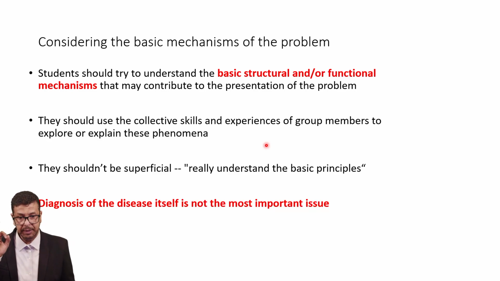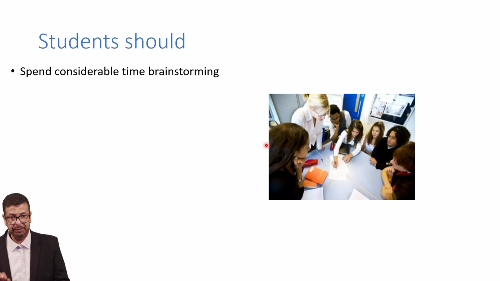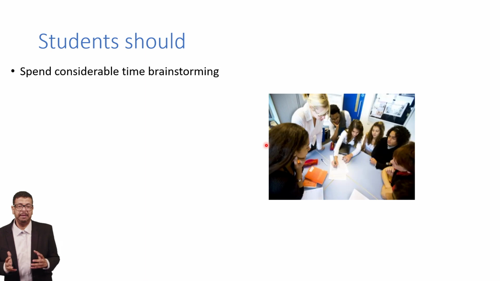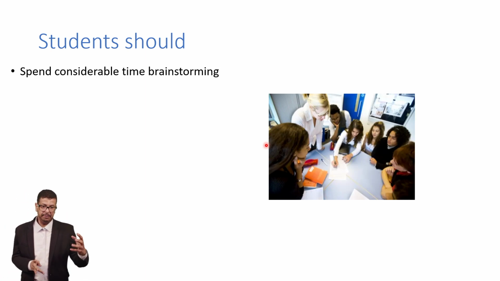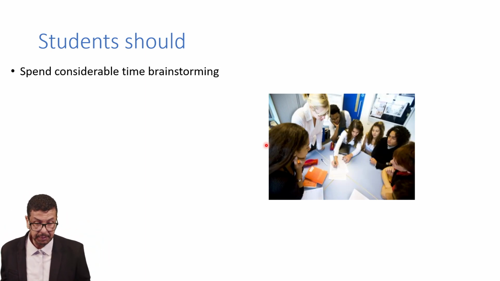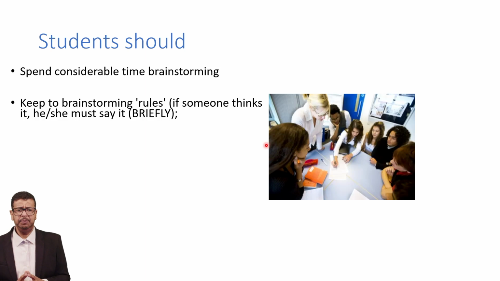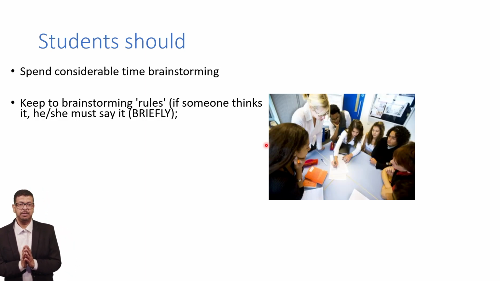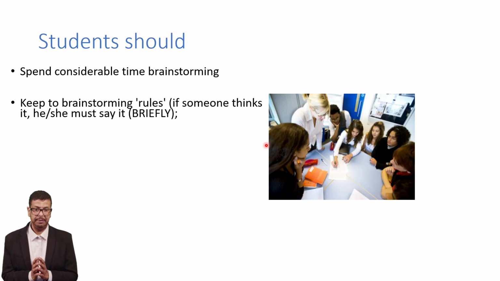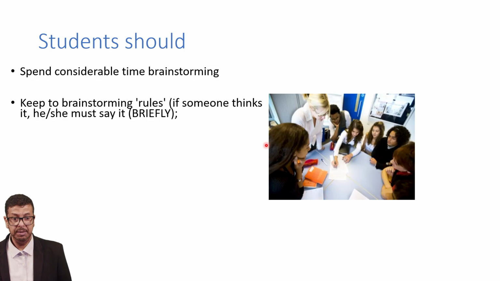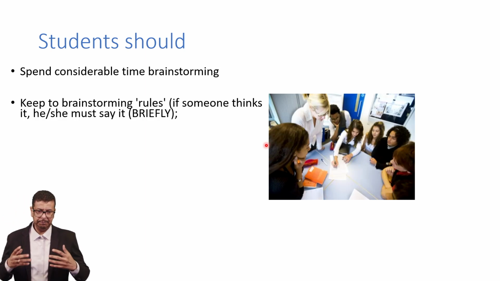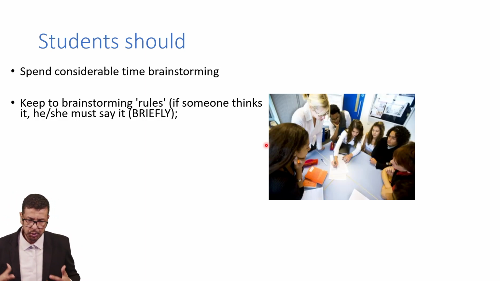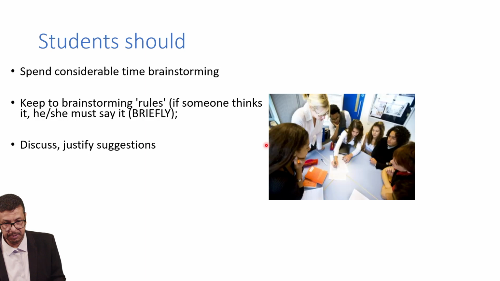So you should, as a student, do the following. Spend considerable time in brainstorming. These are the third and fourth steps in problem-based learning. Keep to brainstorming rules. If someone thinks it, she must say it. So it's very important to ensure a safe environment during the brainstorming.